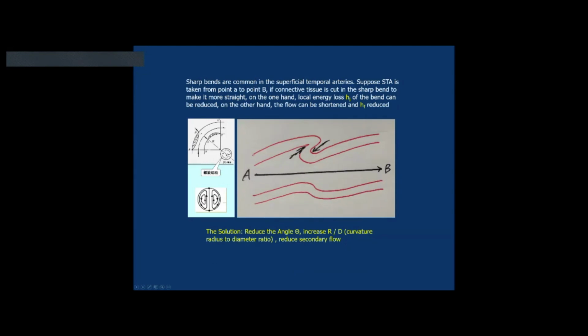On the other hand, the flow path can be shortened, and the HF was reduced. So we can cut the connective tissue and make the band straight. This is better for carrying the blood flow more efficiently.